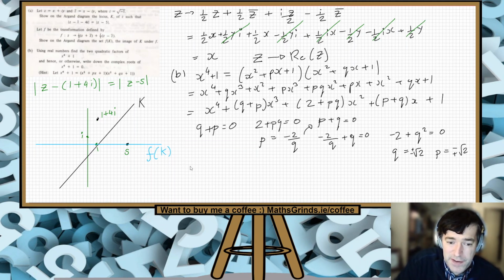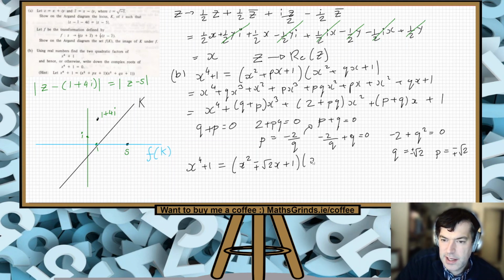So now that we've factorized x power 4 plus 1, we factorized it into x squared minus or plus root 2 x plus 1, and then x squared plus or minus root 2 x plus 1.